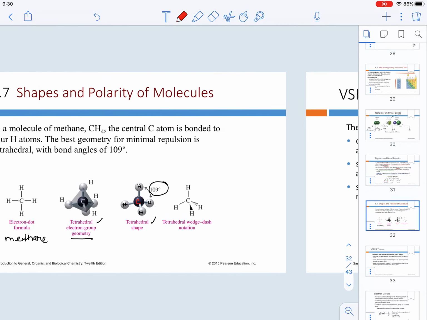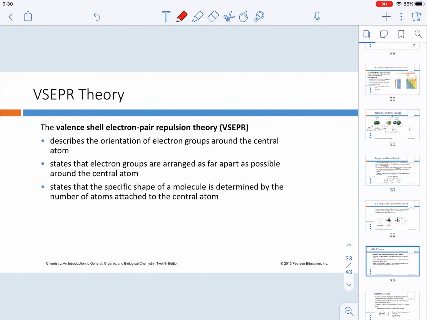All of these ideas come from VSEPR theory. VSEPR stands for valence shell electron pair repulsion theory. So the long story short of what VSEPR theory is that it describes the orientation of electron groups around the central atom.